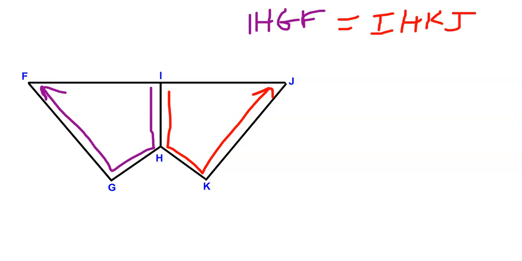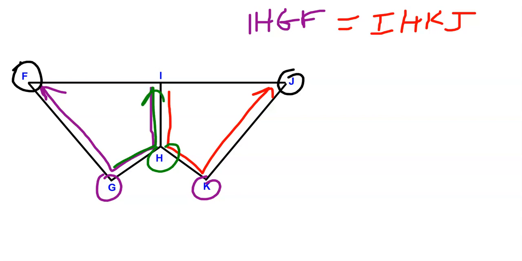Then our corresponding angles are F corresponds to J, G corresponds to K, GHI, this angle, corresponds to KHI in that angle, and then angle HIF corresponds to angle HIJ as you walk around the corresponding quadrilaterals.